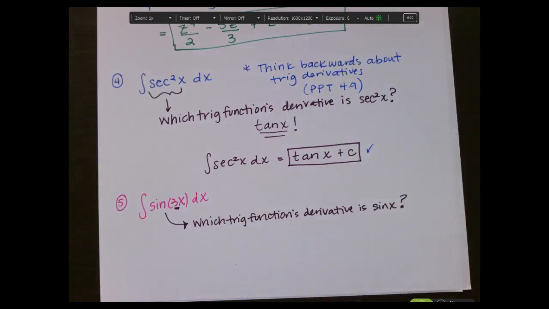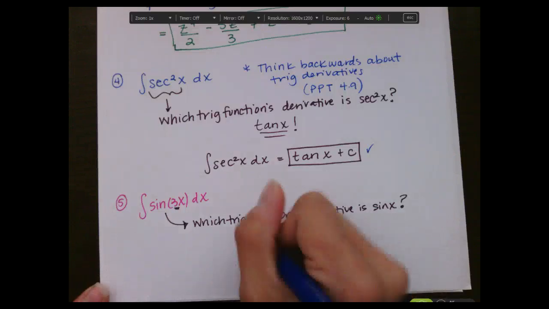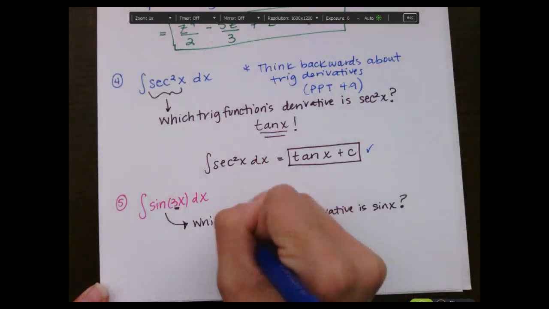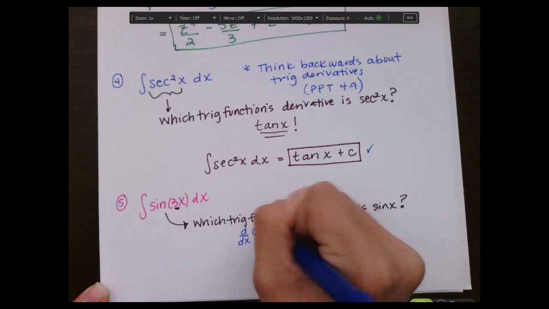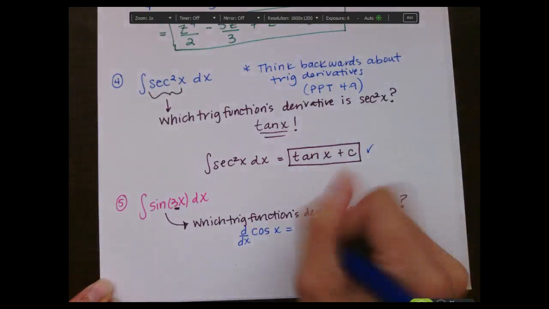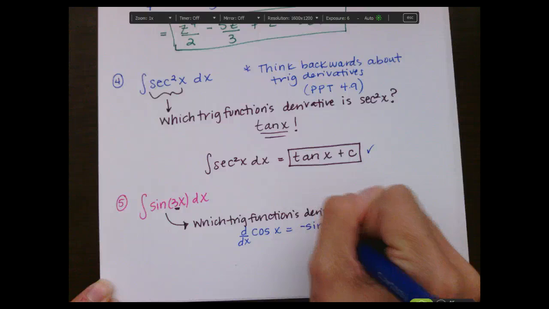And the answer is that there isn't a trig function that has the derivative of sine of x, but there is one that has a derivative of negative sine of x. Remember that the derivative of the cosine of x is negative sine x.